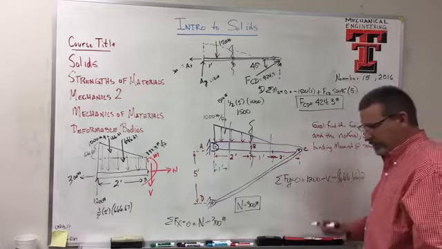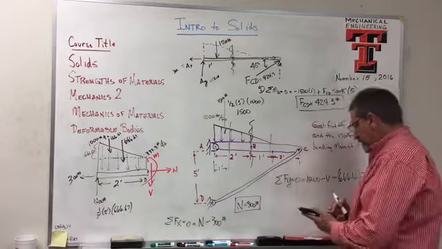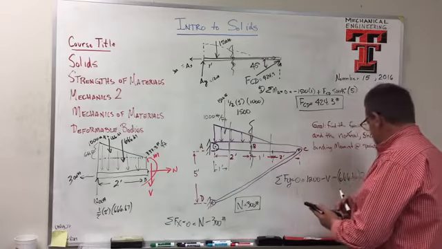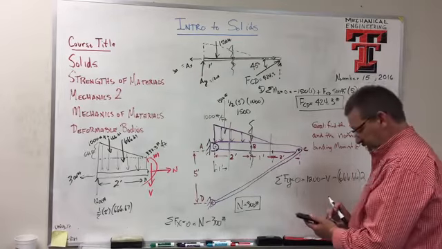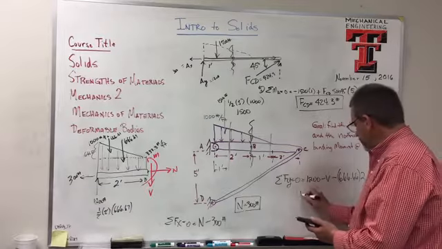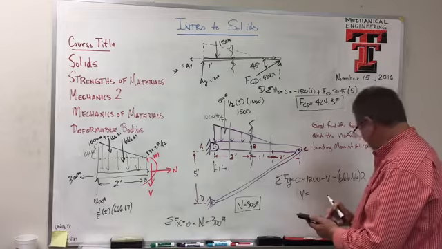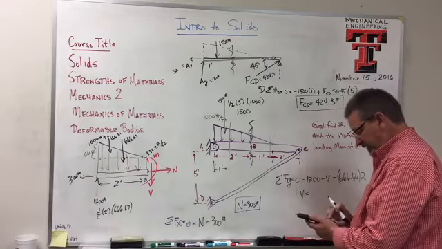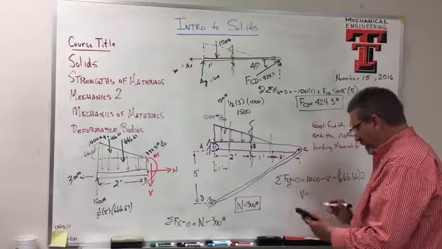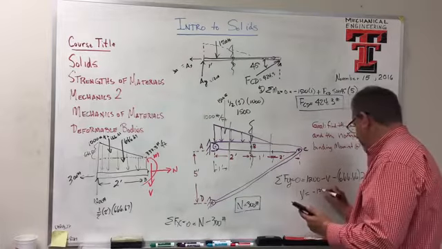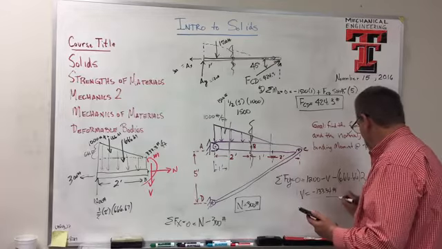So let's move the V to the other side. What does handy dandy calculator say? It says that V must be equal to, we'll move the V to the other side, so V equals 1,200 minus 666.67 times 2, which is negative 133.34 pounds, okay?